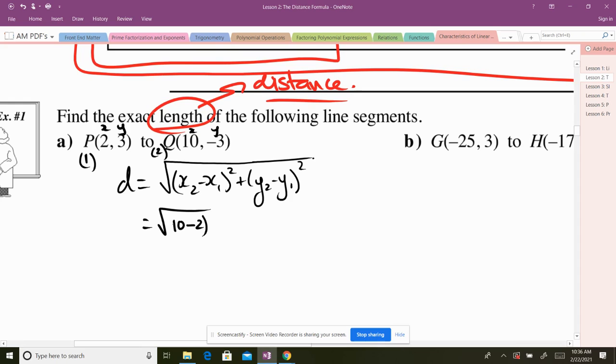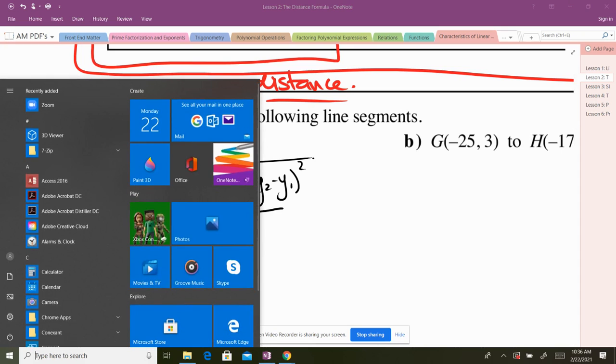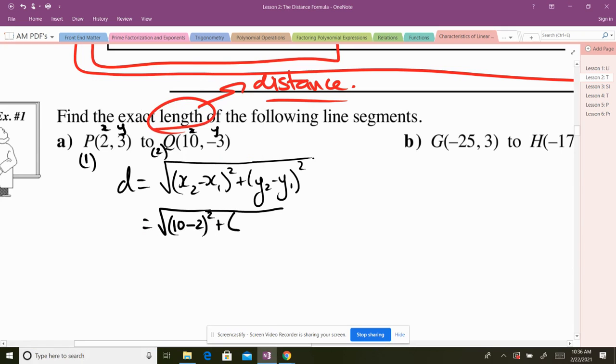Exactly. It's all squared plus y value from data set 2, -3. Watch your signs. Minus y value from data set 1, 3, all squared.